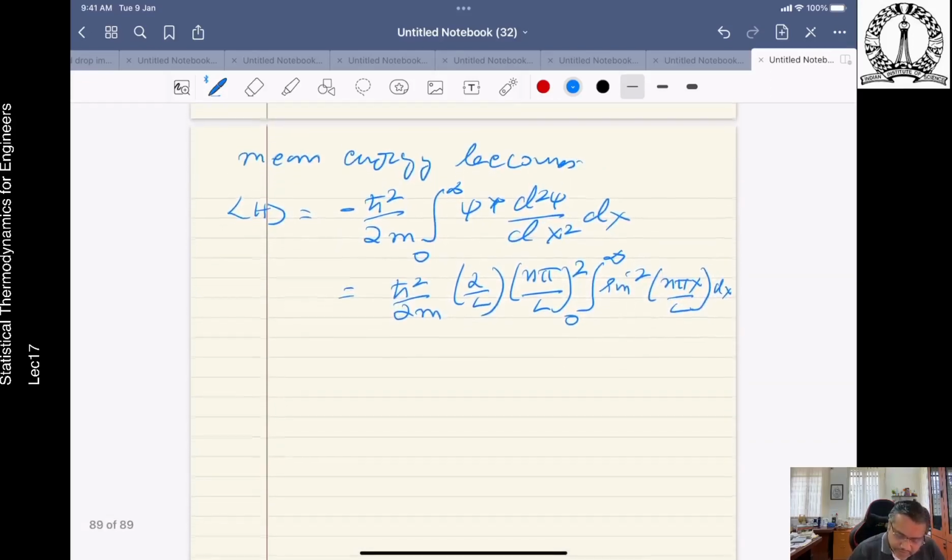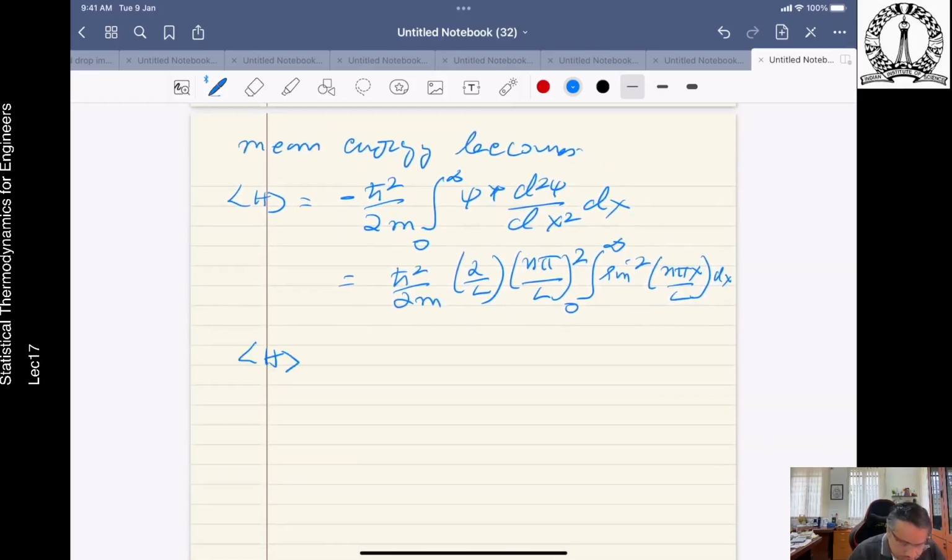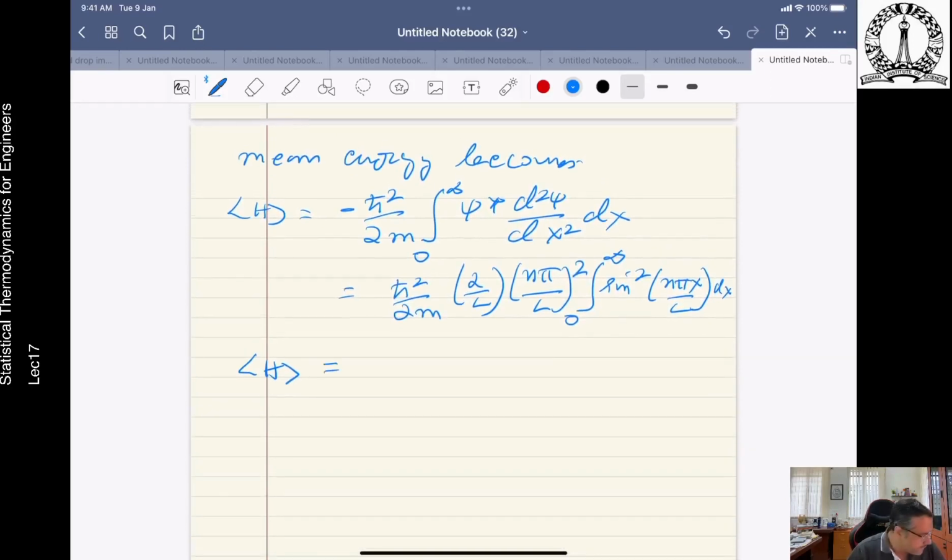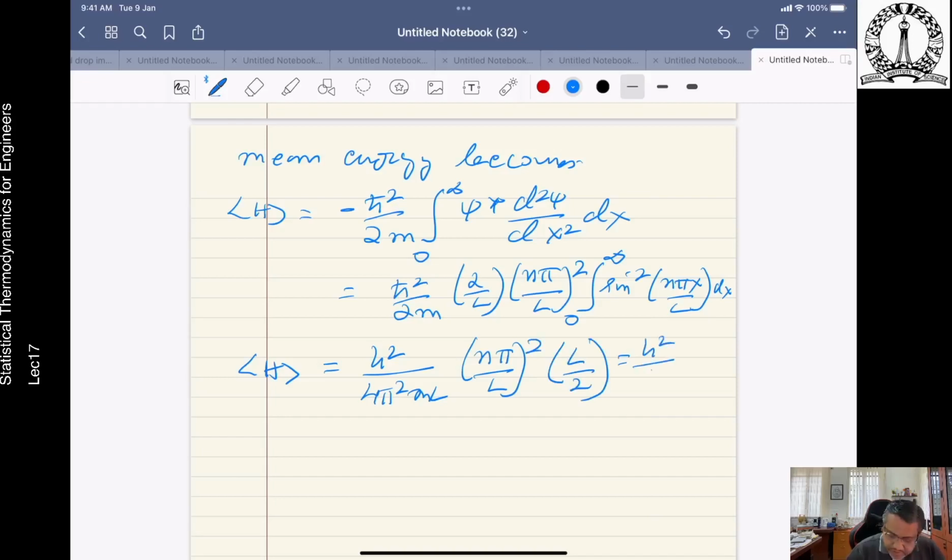So if you evaluate this integral, this will give you h²/4π²... Yes, you validate the calculation, right? Also equal to h² n² by 8mL².